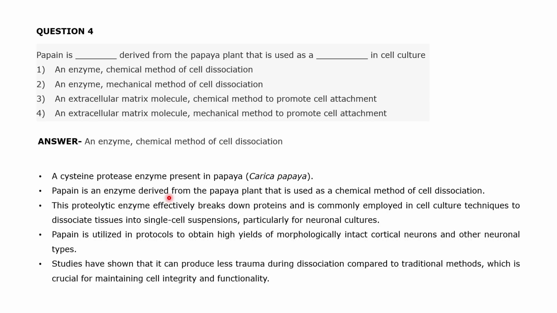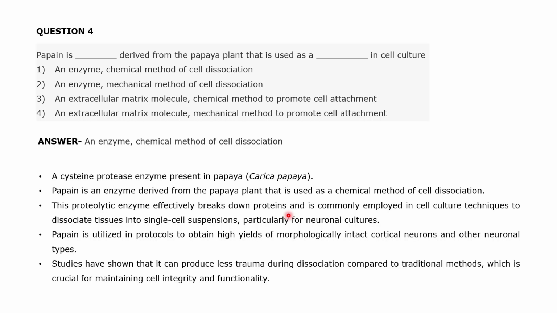This enzymatic method is useful when you are culturing cells and want to incubate them in a cell culture plate. So papain is one such protease, obviously a cysteine protease, and is used in this kind of process. The extracellular matrix has to be degraded to achieve this, but to prevent a reduction in the viability of the cells, because we don't want any cells getting affected, you have to use a low concentration of the enzyme.